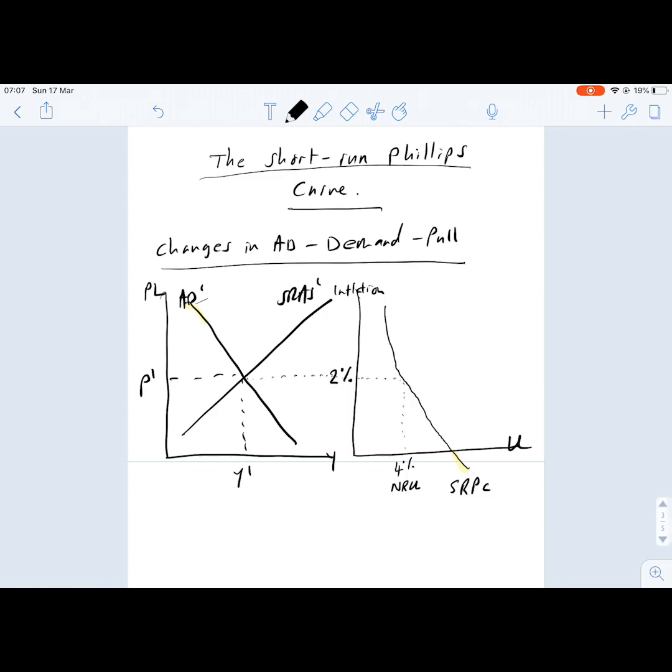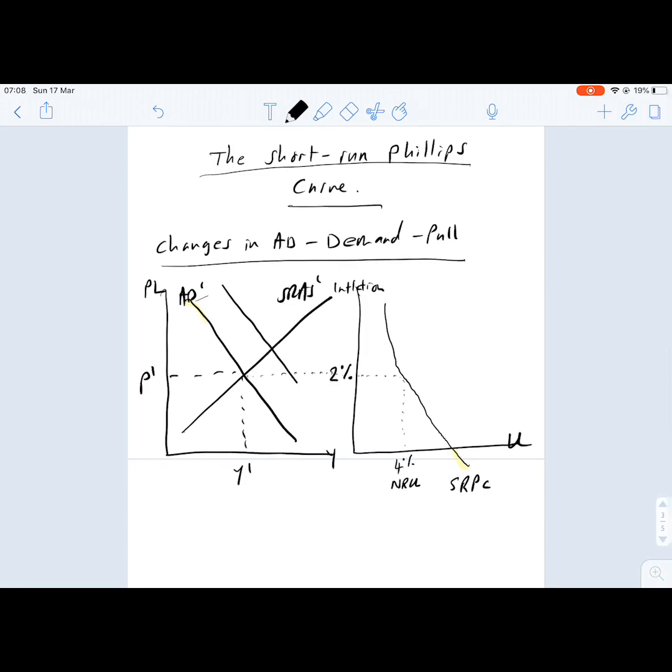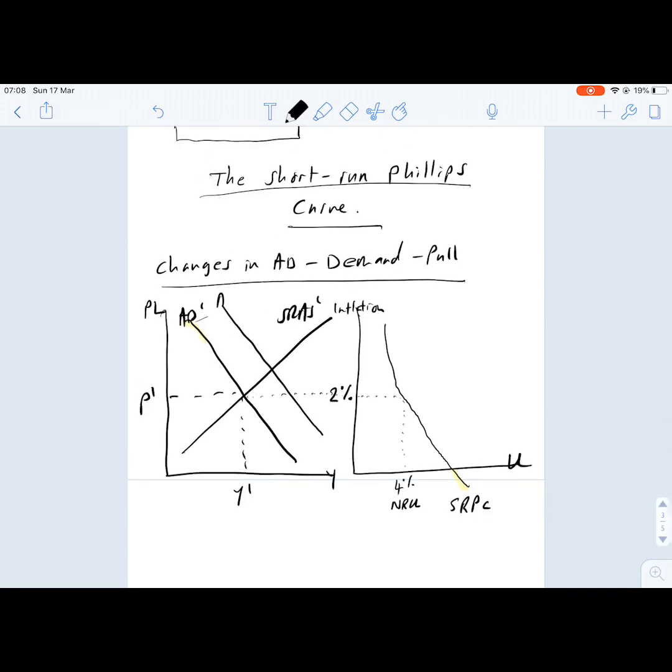Now what happens if aggregate demand, remember we're looking at demand pull inflation here, was to increase to AD2, P2, Y2, so more people are working, unemployment has fallen, more people have disposable income, so price levels have increased.